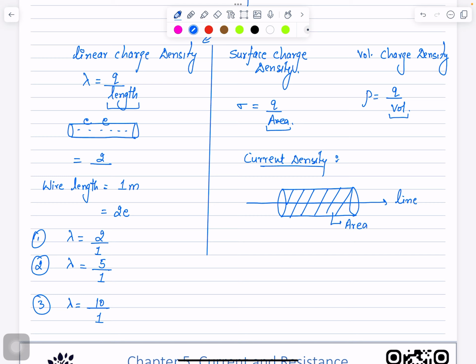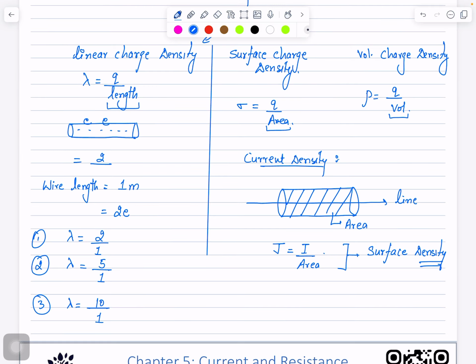So what should be the formula? The formula should be J, that is the symbol, current divided by area. Is it fine? Now you are able to understand which kind of density we are finding. We are finding surface density. That is the current density.